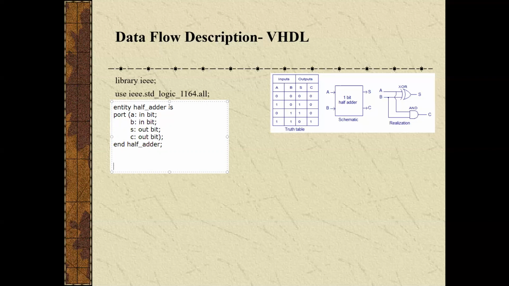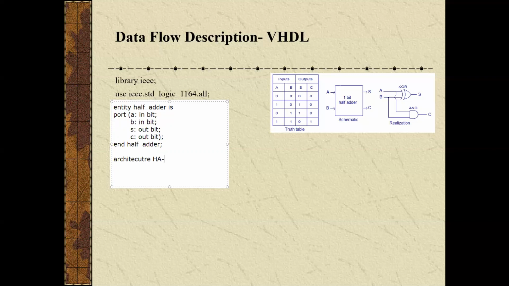Now we have to write the architecture. This architecture is also a predefined word, and I am going to give a name. This name should be different from the name of the entity.